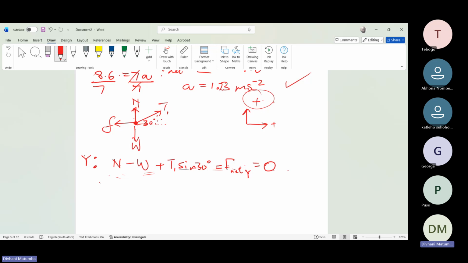You can choose to include the angle, or you can write it this way: you will have your normal force, plus your tension component in the y direction, and also the tension component in the x direction. You will get your full marks. It's the same thing.